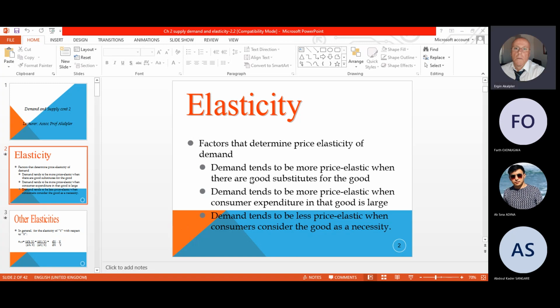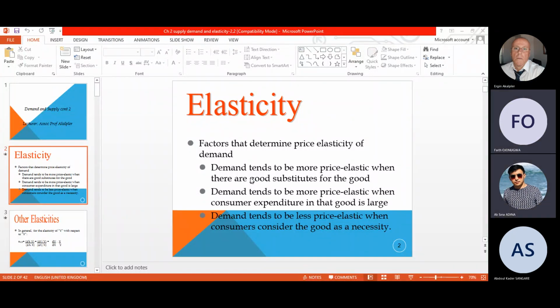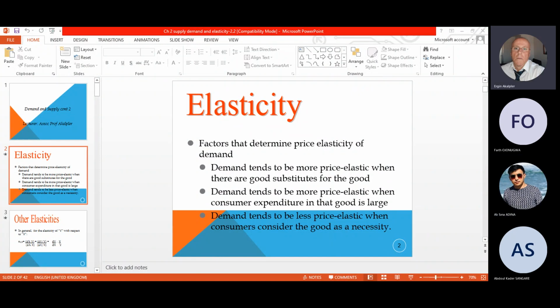Do you have any question? Abdul, Fayed, and Ali, do you have any question? As for me, no problem. Not yet, sir, but I'll follow the class recordings and also the presentations. If I have any question, I will let you know. Okay, I'm going to present the second part of the elasticity today.